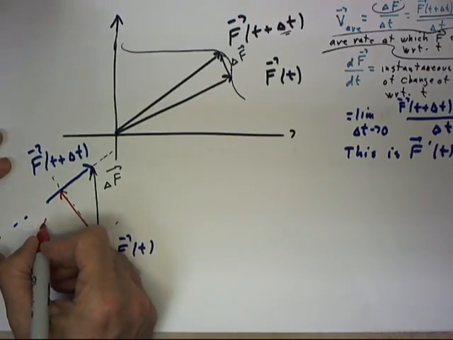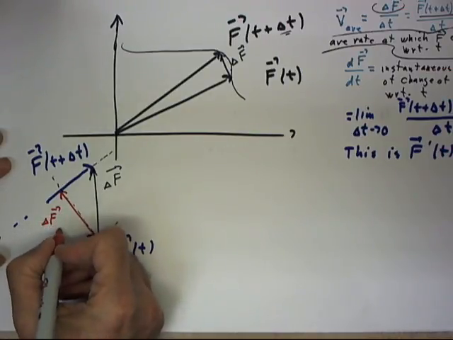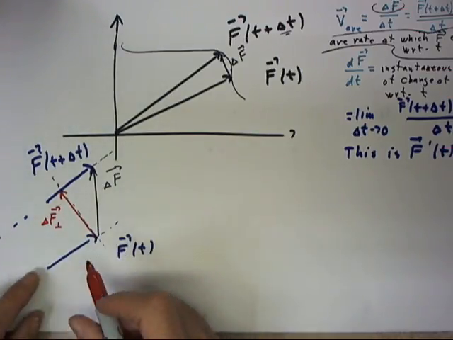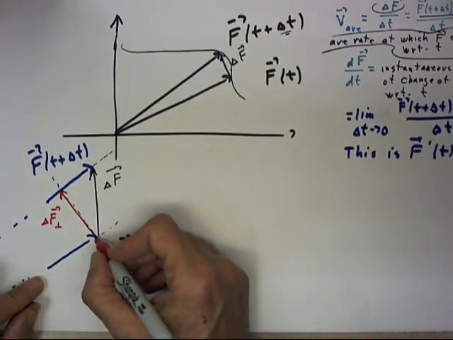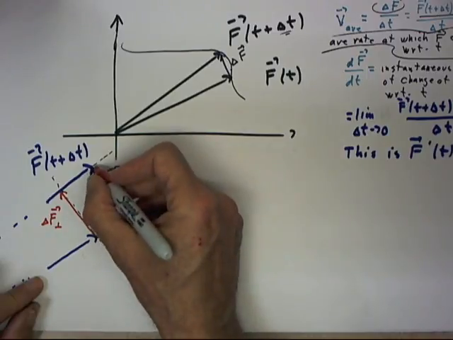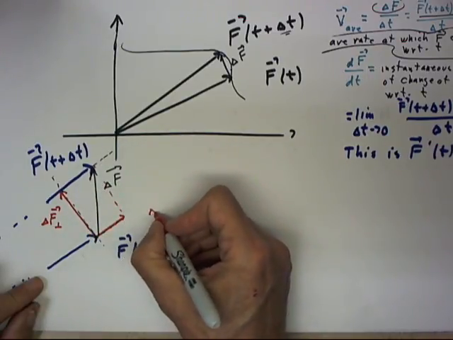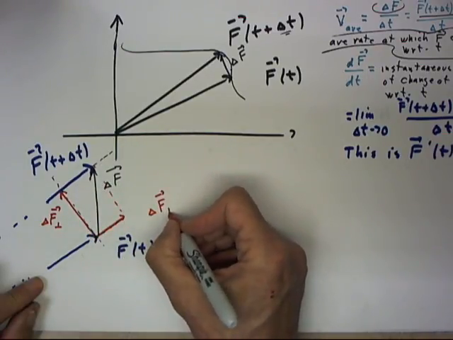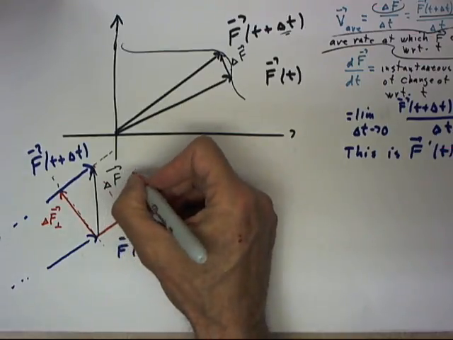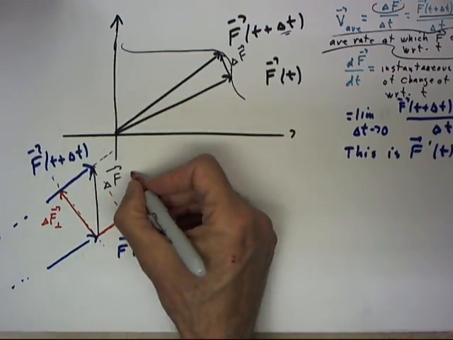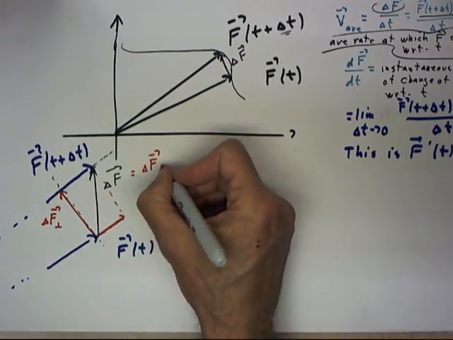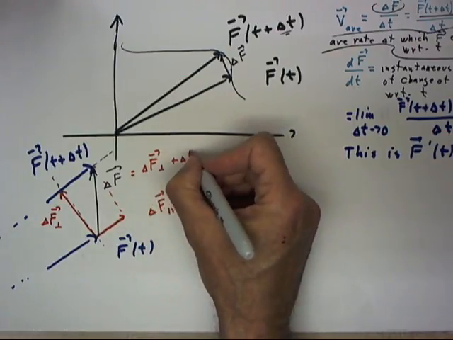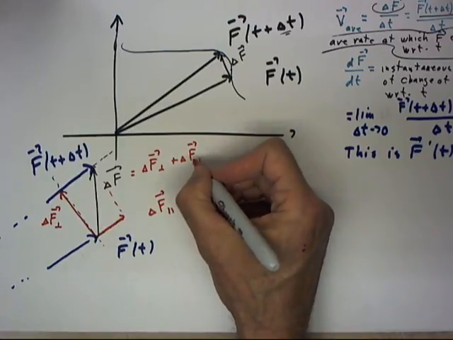So we're going to call this delta f perpendicular, the component perpendicular to f itself, and a component that I'll draw here, delta f parallel, so that delta f equals delta f perpendicular plus delta f parallel.